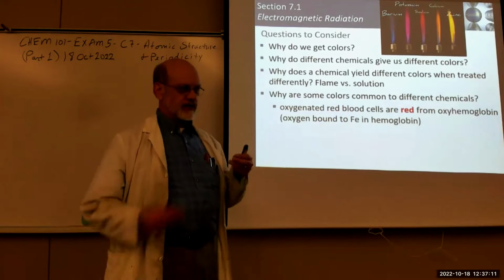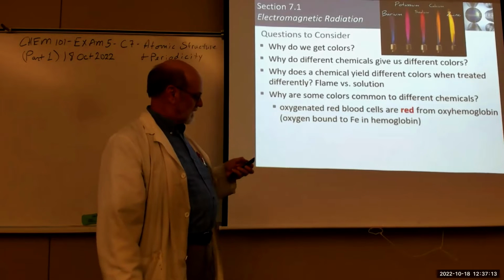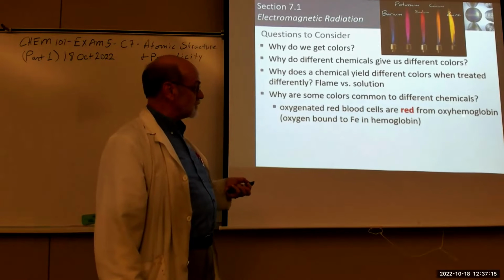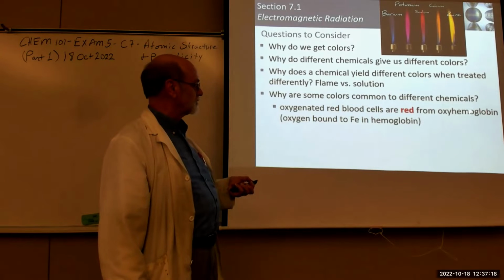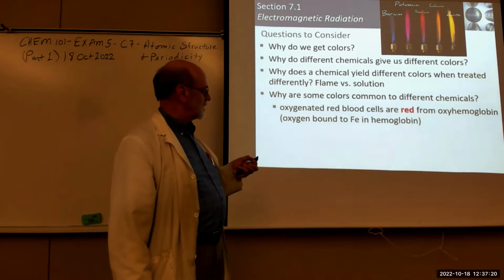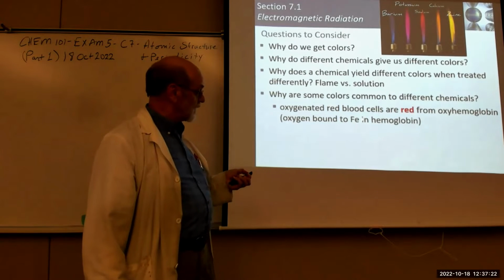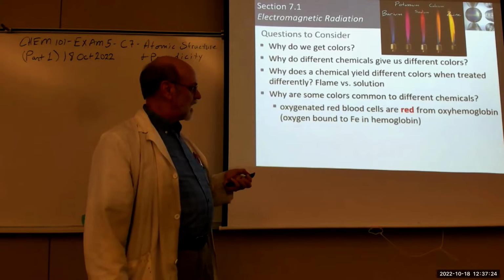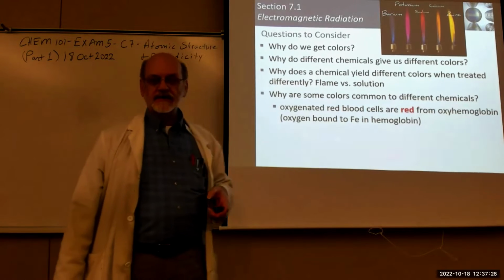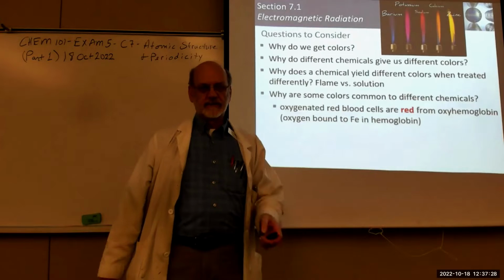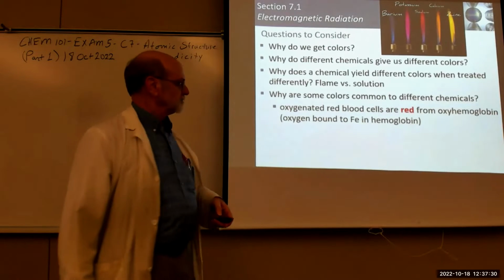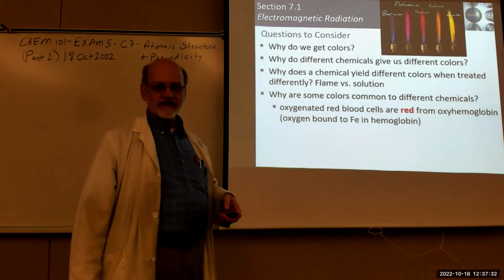But as soon as oxygen hits it, that oxygen attaches itself to the hemoglobin in the molecule, and particularly to the iron. And oxygen and iron together, it's like rust. Rust is a brick red. So our blood is rusty when it's oxygenated.